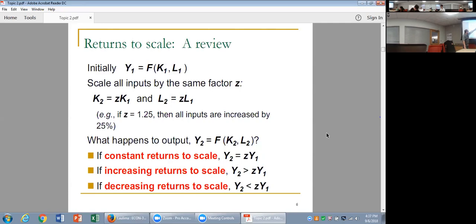And labor stock in time period 2 is 1.25 L1. Now remember, this does not mean physical numbers. It doesn't mean that I necessarily have 25% more workers. I can have the same number of workers, it's just that they're 25% better educated. Human capital, education, is actually in the L, not in the K. So that's what a small population country sometimes does to grow, like Japan.